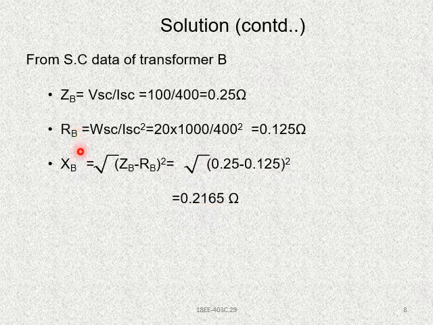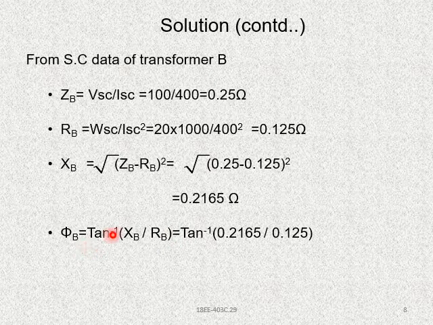And we have all the parameters R, Z and X. Now we can find the value of phi B, which is equal to tan inverse of XB by RB, that is tan inverse of 0.2165 by 0.125. Then you will be getting 60 degrees.